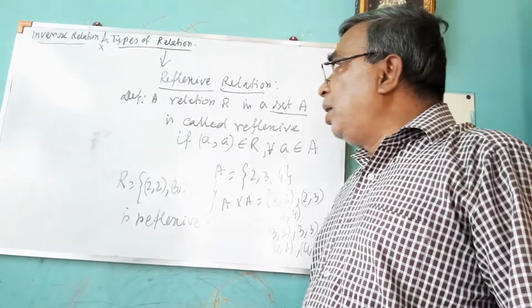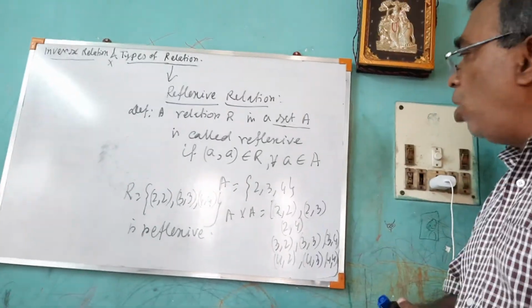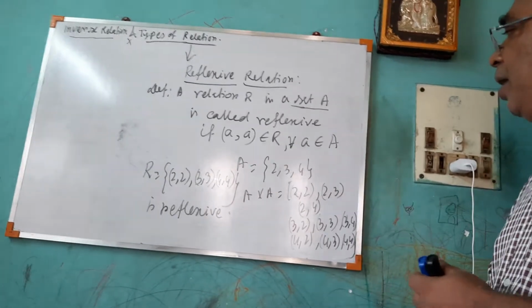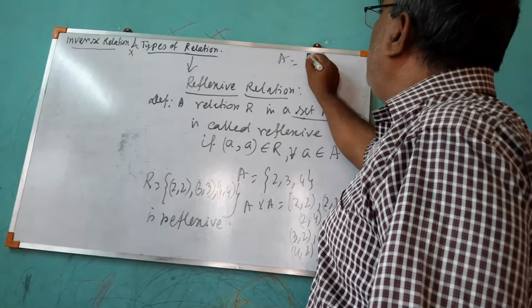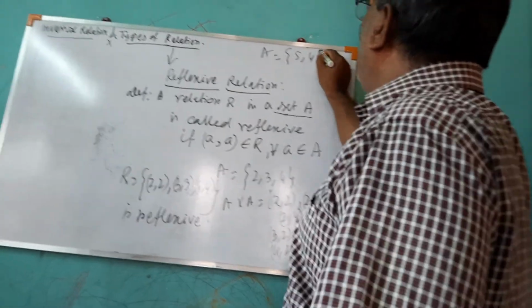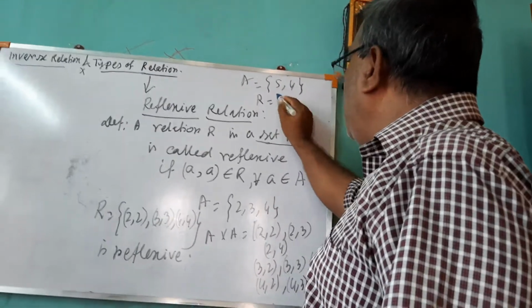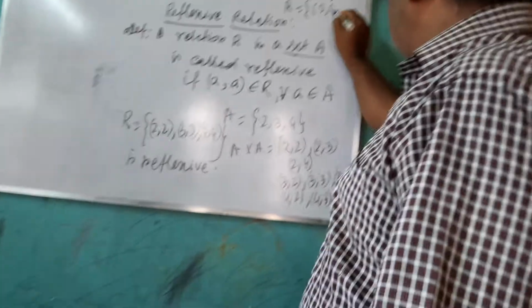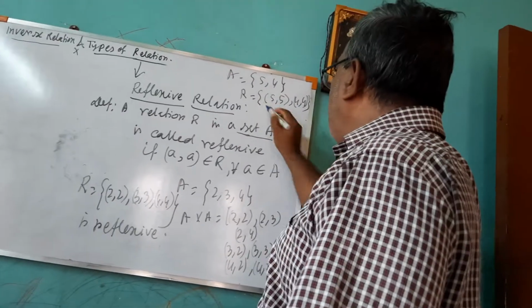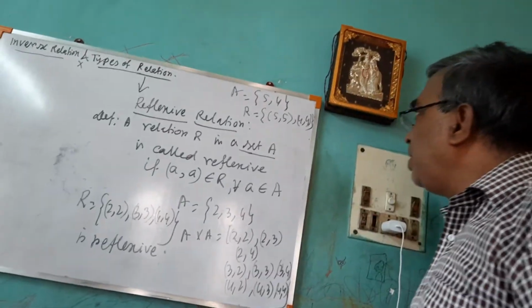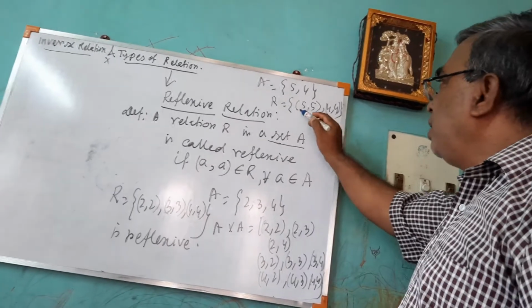This is known as reflexive. Once again I am repeating here. Suppose A is a set having elements 5 and 4. So our relation R should contain (5,5) and (4,4). If (5,5) and (4,4) are contained in R, then this is reflexive.